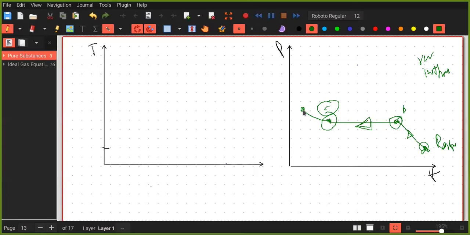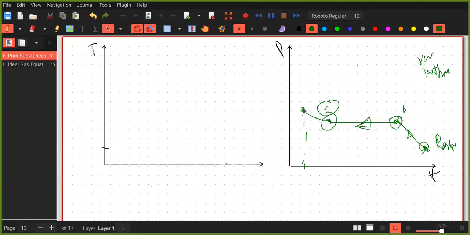After this, for water, what happens is this point will have the highest density, or the least specific volume. If we pressurize it a bit more, its density is going to go down, or its specific volume will go up.